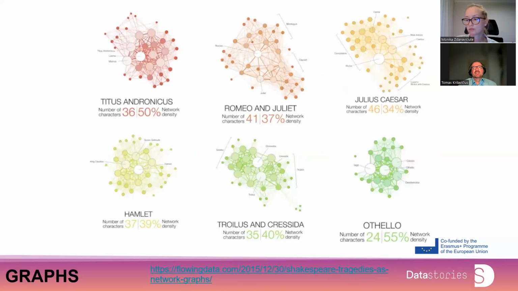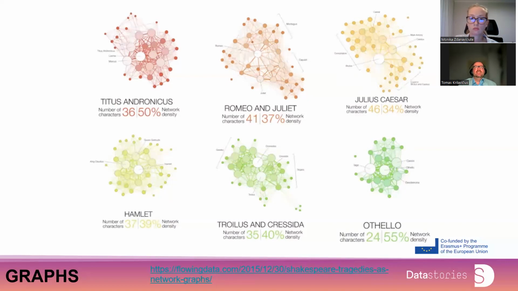And some examples of how it could be used. Maybe it's not really tourism data, but it's related with cultural heritage and literature. So basically you can look at different characters in literature. For example, here we can see Shakespeare, different creations of Shakespeare. And you can see, for example, which characters are the most important, which are mentioned a lot of times, which just appear sometimes, and their relations.